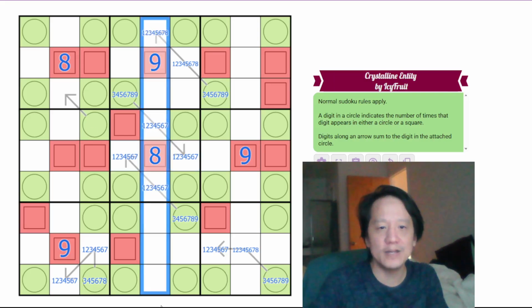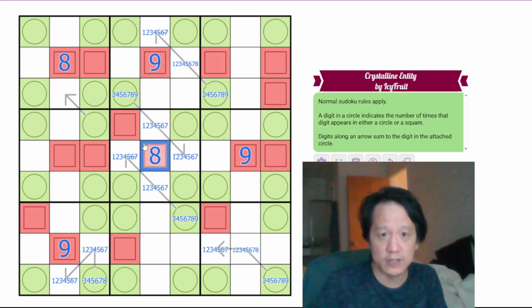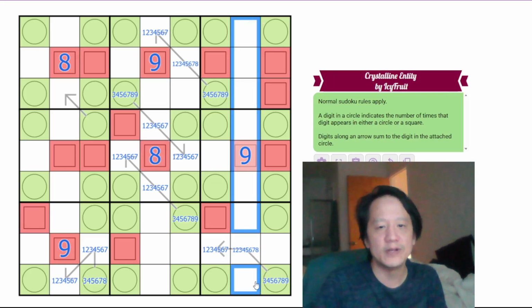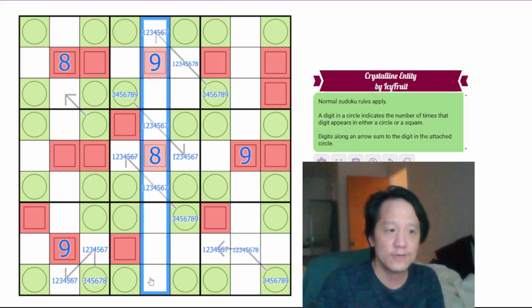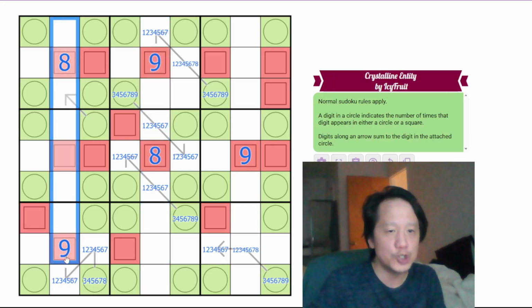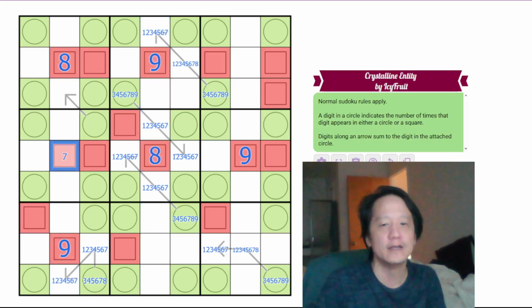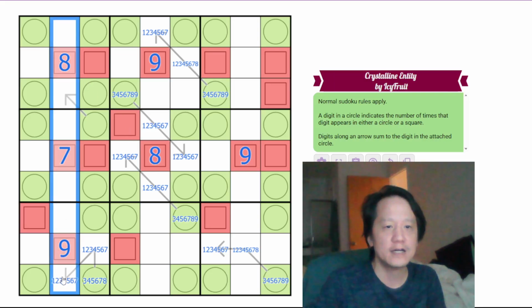And it can't be in the column. Okay, so this can't be 8 here because of the 8 in the column. So 7 cannot appear in a circle or square in columns 8 and 5. That means in column 2, it has to be in a circle or square in that column.